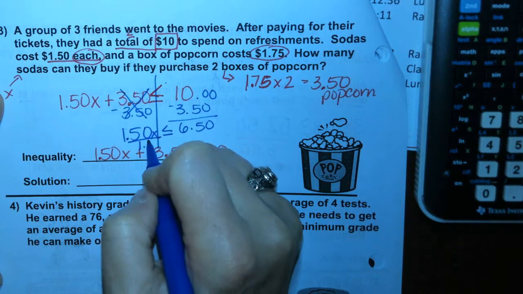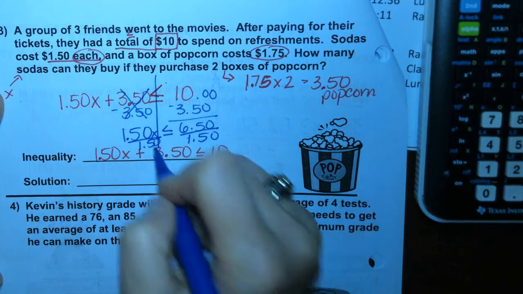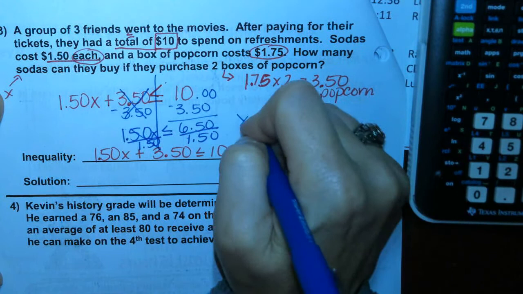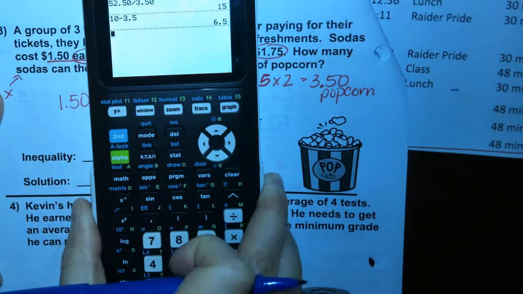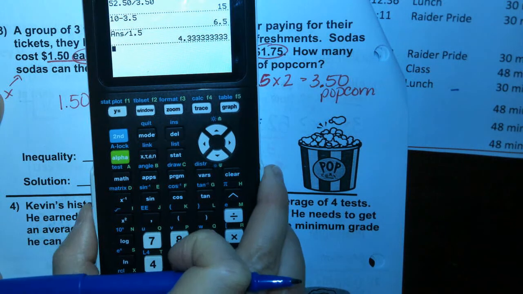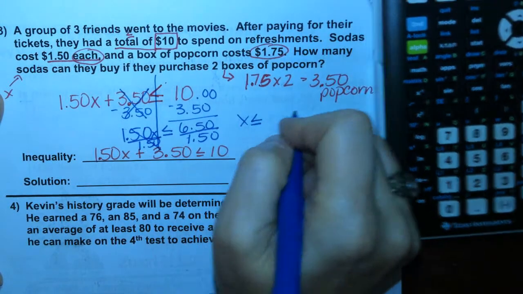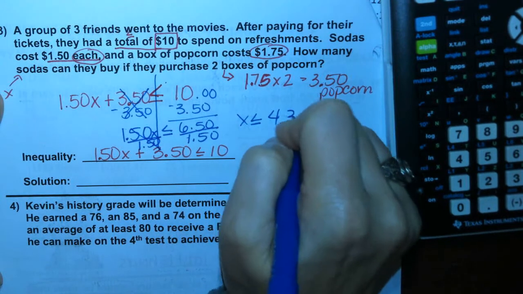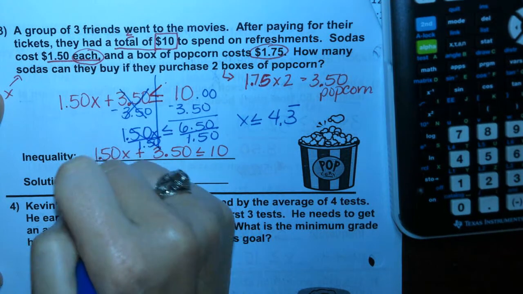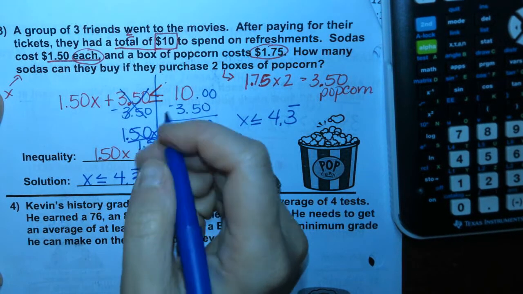Now we just need to divide by 1.5 on both sides to get the x by itself. And we do end up with a decimal, 4.3 repeating. So we know now that our x is less than or equal to 4.3 repeating.